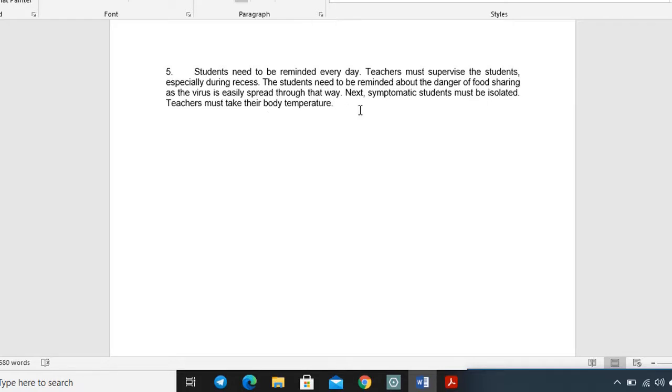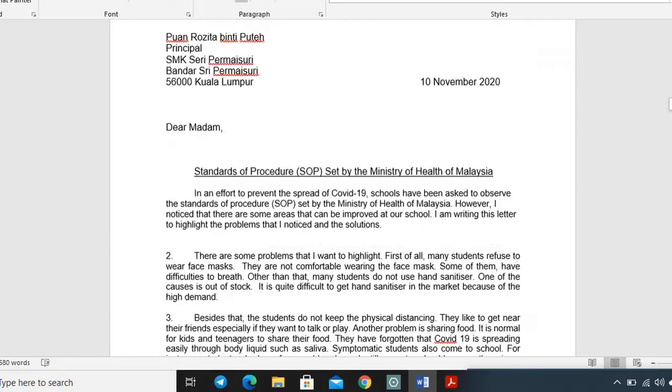Okay, so what if after taking the body temperature, then we know that you have high fever? So what is the sentence? Okay, if they have high fever, parents must take them home. What else do we have?